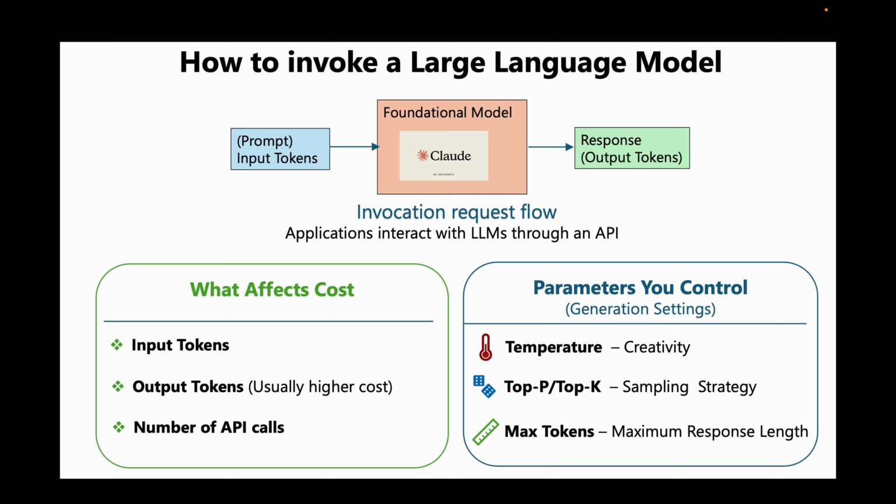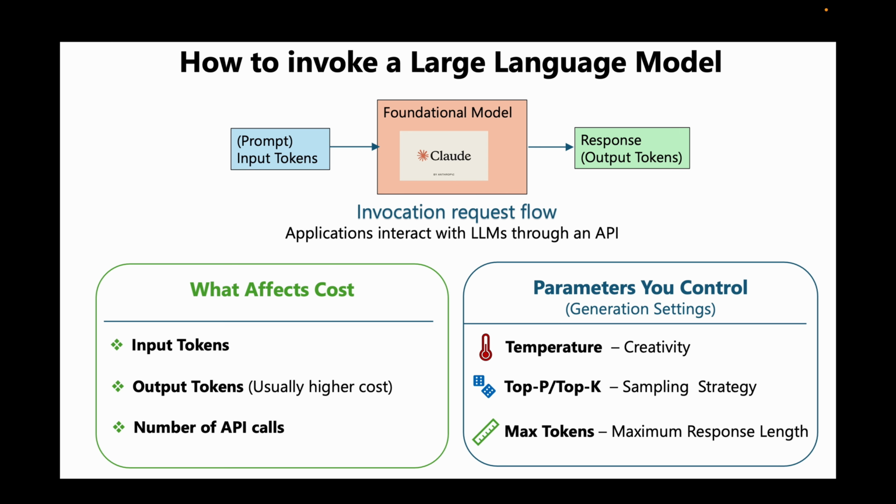We can control the model's behavior using some inference parameters. These include temperature, which controls how deterministic or creative the generated response should be. Lower values make the model more focused and predictable, while higher values encourage it to explore more alternatives. The second inference parameters are top P and top K, which define the sampling strategy of the model.